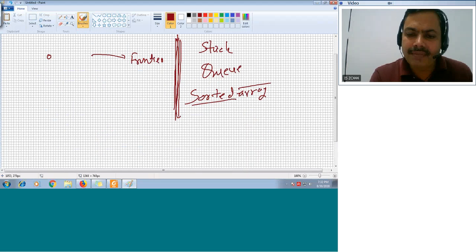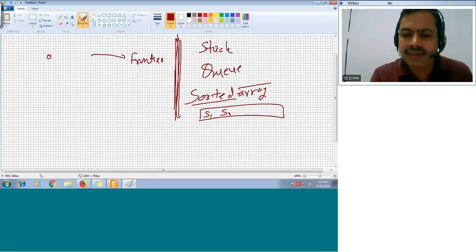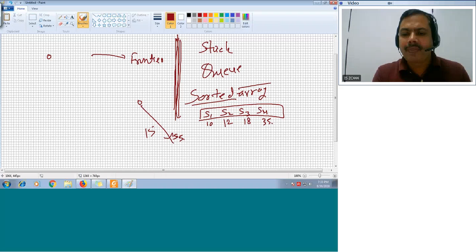So what is going to happen? Let's assume you have states S1, S2, S3, and S4, and a new state S5 comes. The distance from the root node to these nodes is, say, 5, 10, 12, 18, and 35, in increasing order.